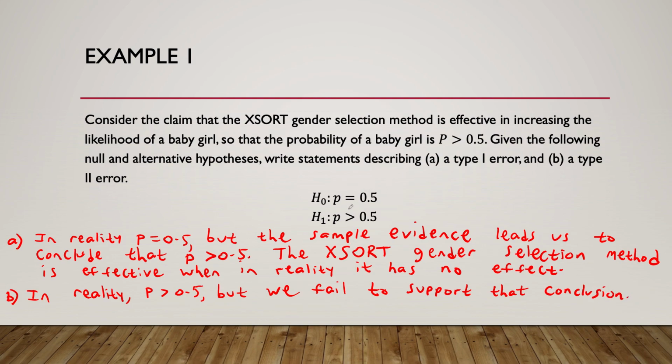Meaning that we claimed that it was 0.5 to begin with. So we notice how we're not saying that p is equal to 0.5, we just fail to support that specifically.